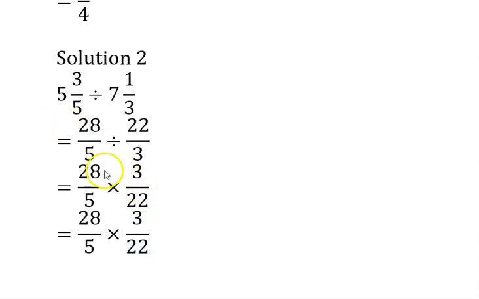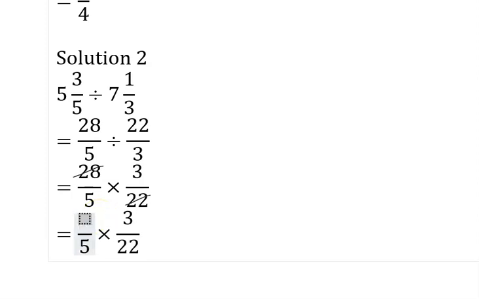Making use of 2 here, we'll be left with 14. Making use of 2 here, we'll be left with 11. So up here we are left with 14, and down here we are left with what? 11.